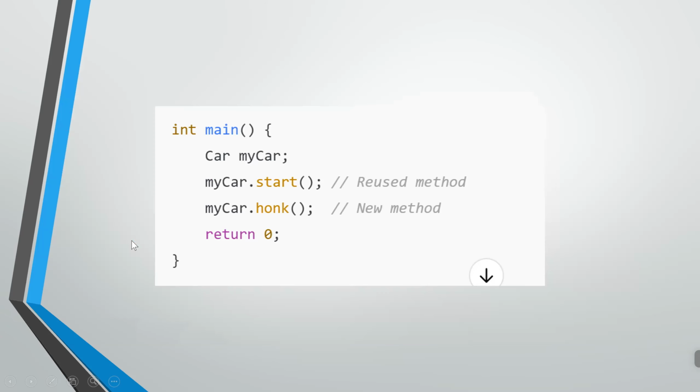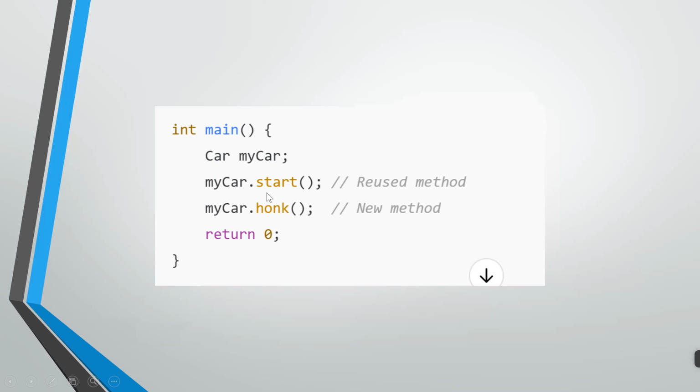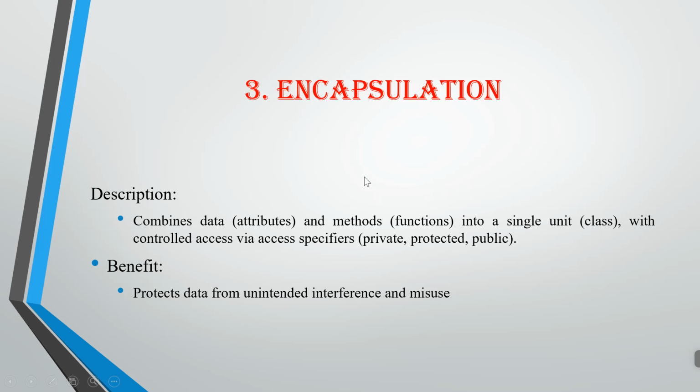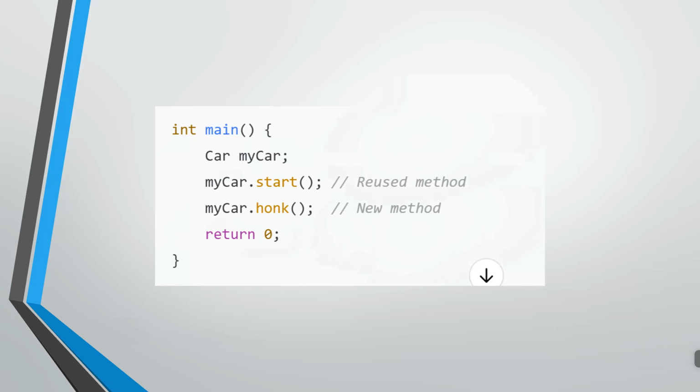I am defining an object of type car. I have never used vehicle, but vehicle is an existing one, and I can definitely use its function. So this is how I can use the classes and functions, which supports reusability. A very simple example which supports reusability.